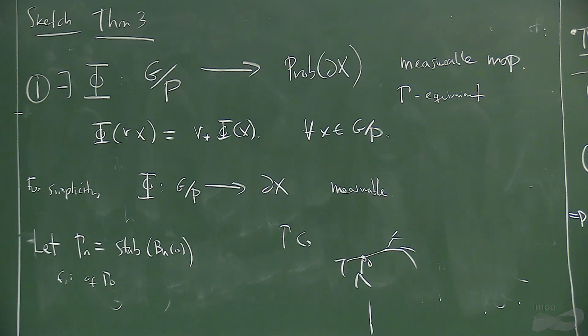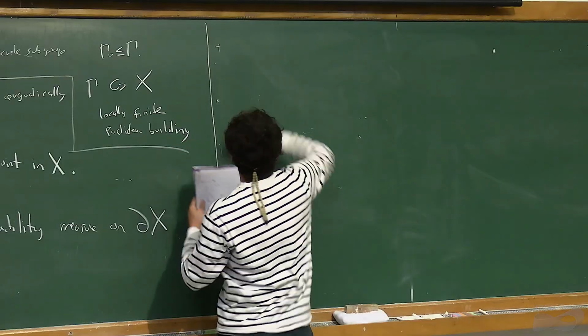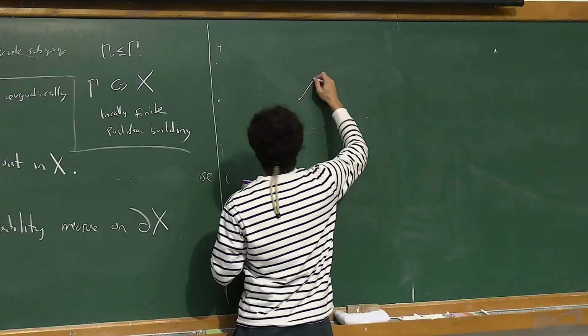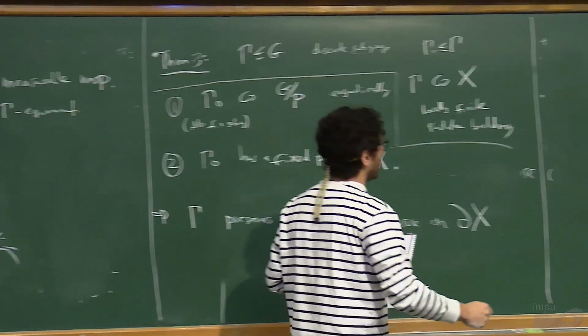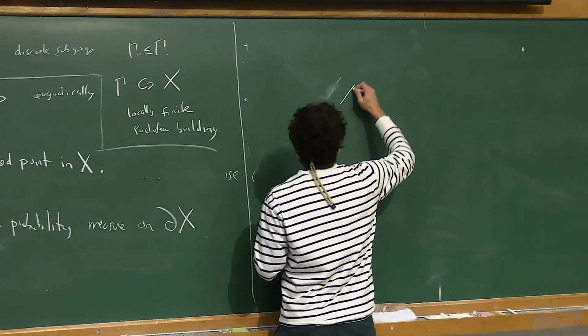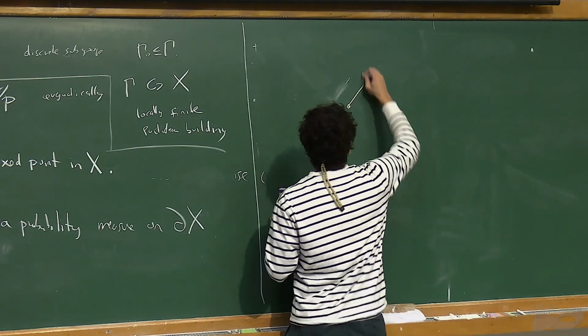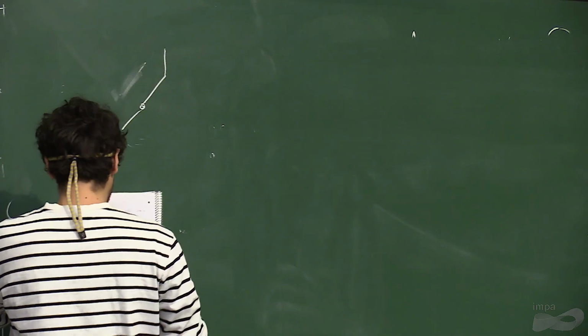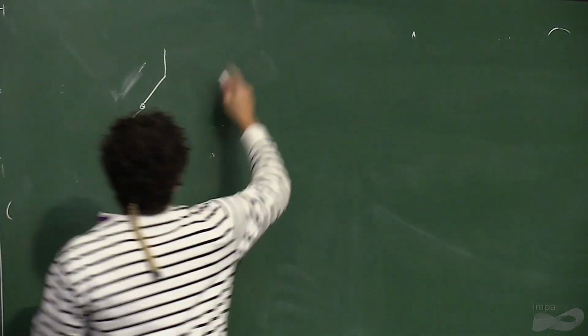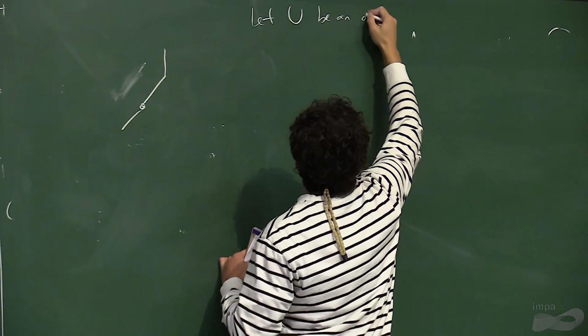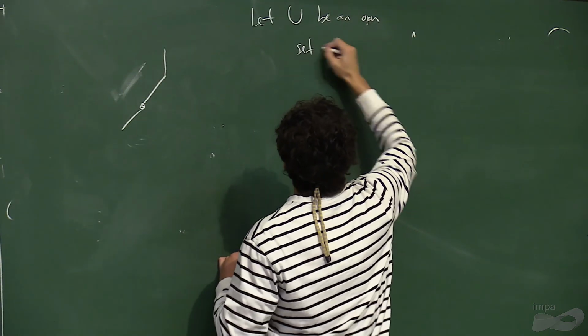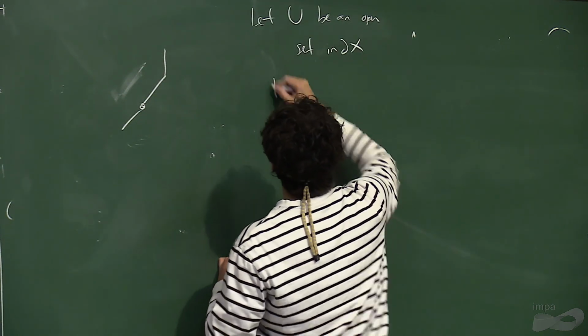We're very close to finishing. I have this tree, and I let U be an open set in delta x that is gamma n invariant.